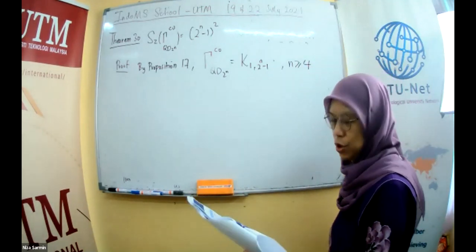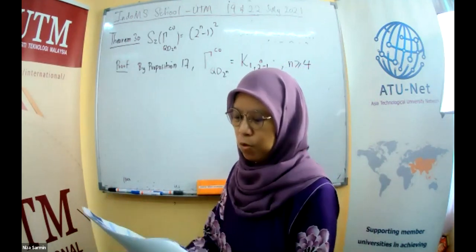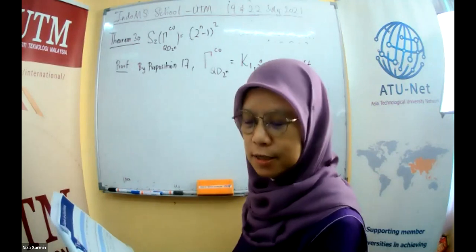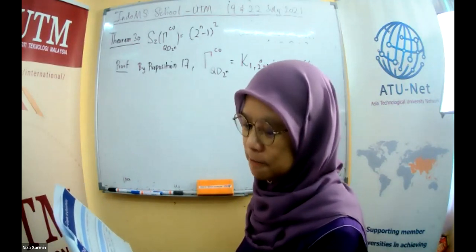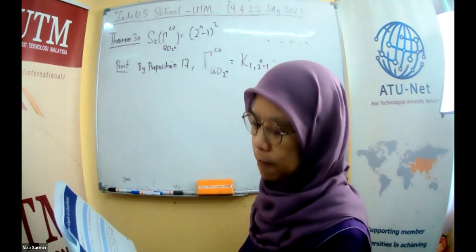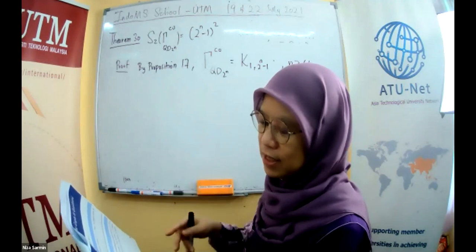So, how many edges connect to the identity element and all other vertices of the graph?